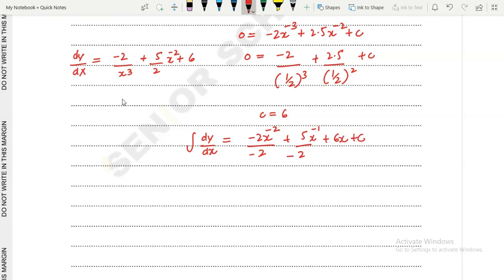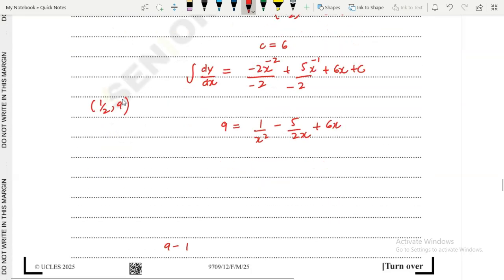Then we have the point, which is half and 9, we can just substitute it into this.